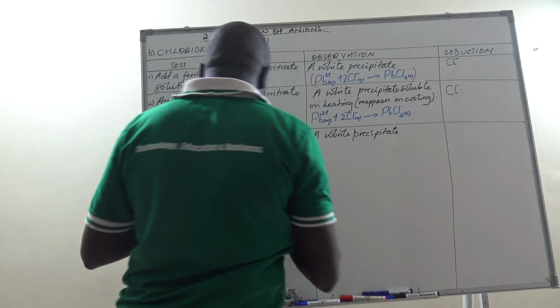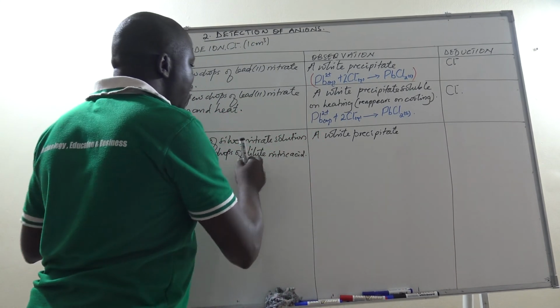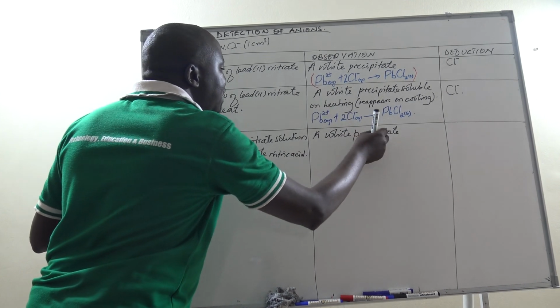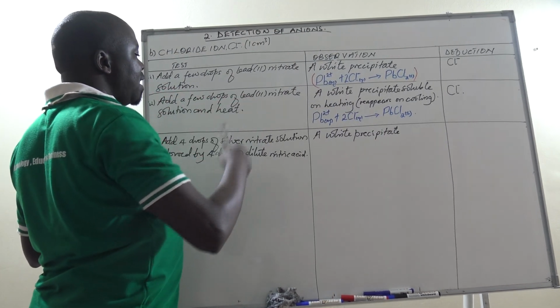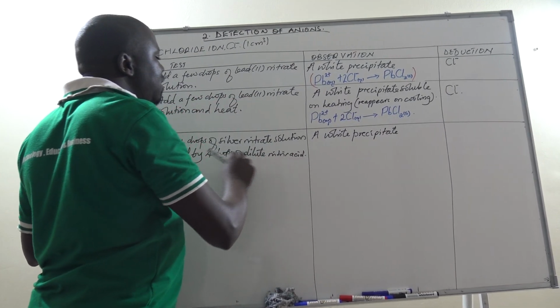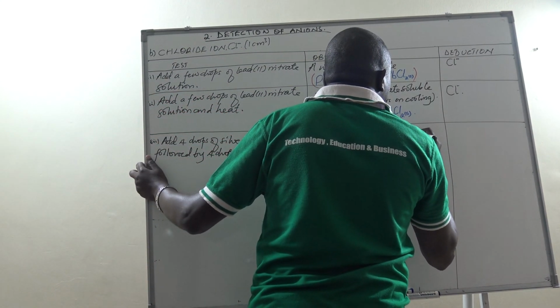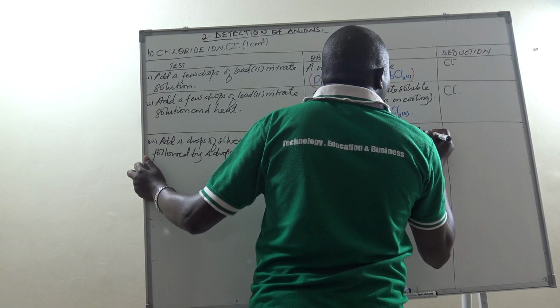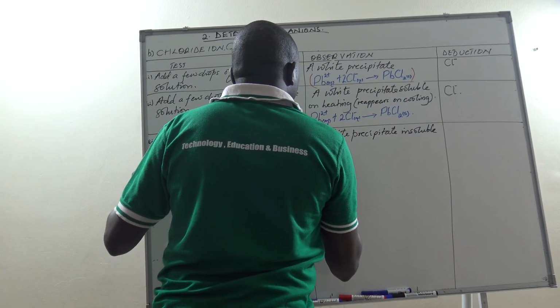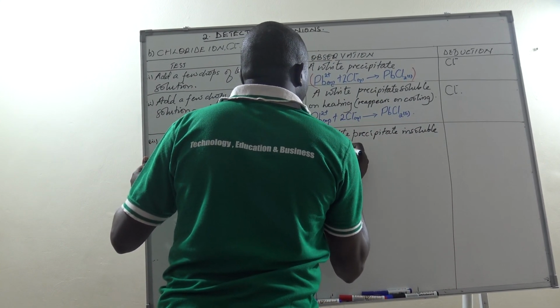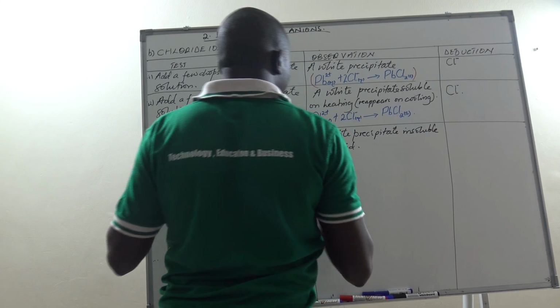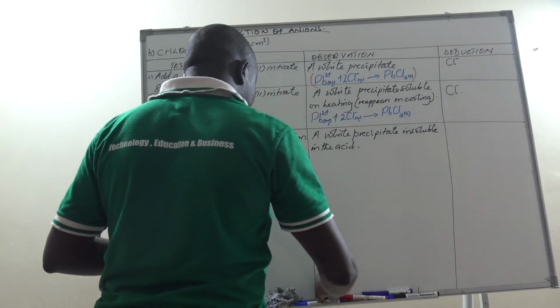So in this case, if you add the dilute nitric acid, if the white precipitate is silver chloride which has been formed, then it will not dissolve in the dilute nitric acid. So we get a white precipitate insoluble in the acid. So the reaction equation is just very simple.